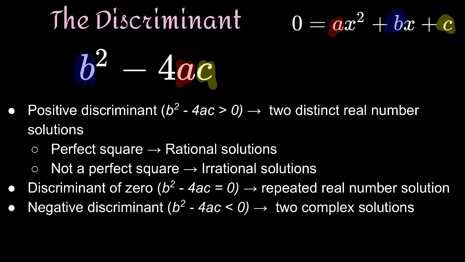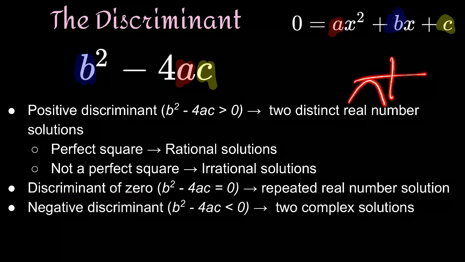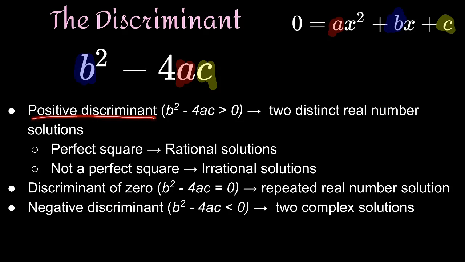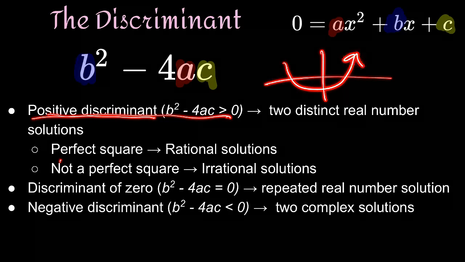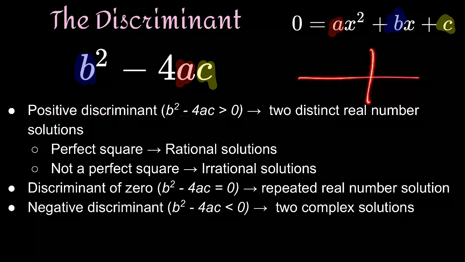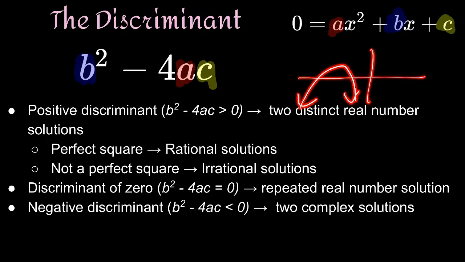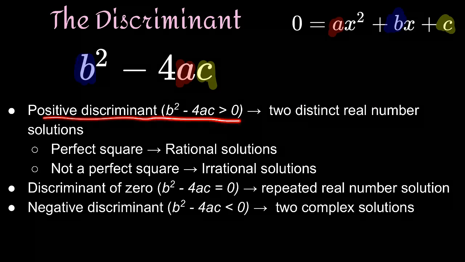In the situation where the positive discriminant is greater than 0, we will have two real solutions. It could look like that, could look like this. So when the discriminant is greater than 0, the graph is going to go through the x-axis twice. When the discriminant is 0, the graph will bounce off the x-axis.